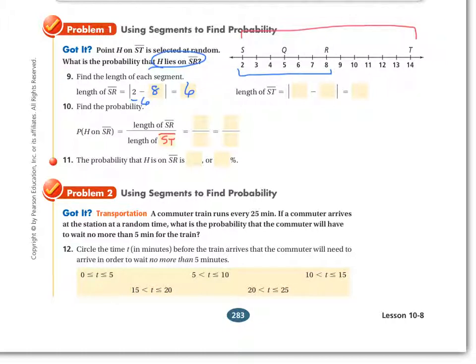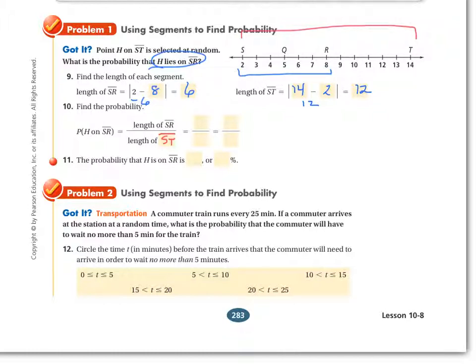And then you find the length of ST, the whole distance. Isn't the absolute value of 14 minus 2 12, or 2 minus 14? Absolute value of negative 12 is 12. And so that's what we're going to put here.